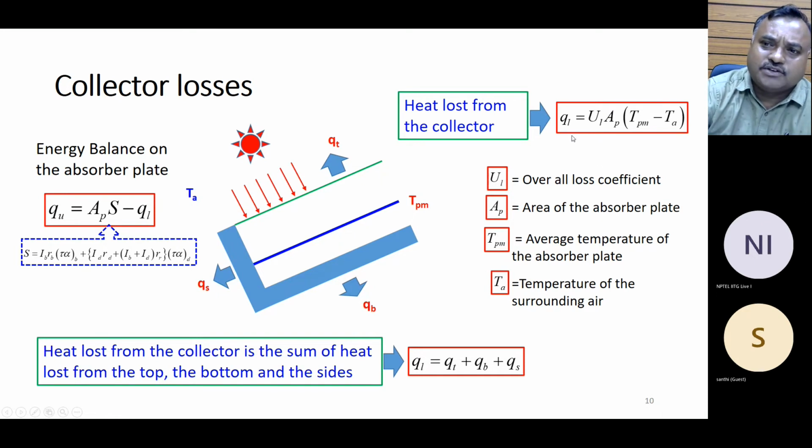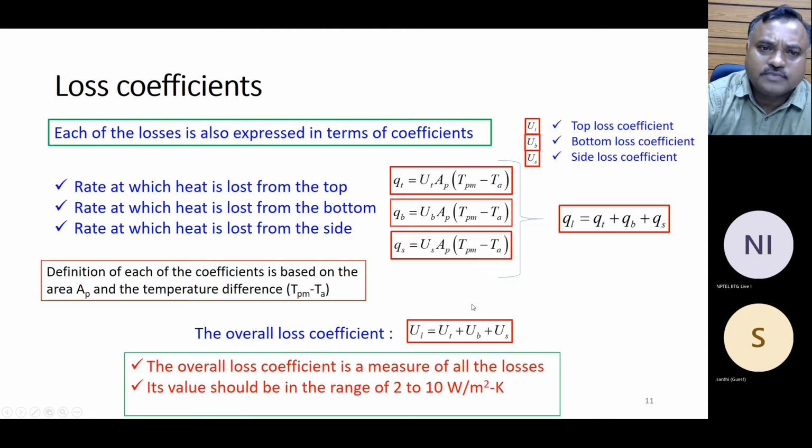Now, if we are interested in finding this QL, because QL is the sum of QT plus QB plus QS, now we will show how QT, QB and QS are related with some loss coefficients. Here you can see the rate at which heat is lost from the top can be represented by this equation: QT is equal to UT multiplied by AP and then the temperature difference between the plate and ambient, right?